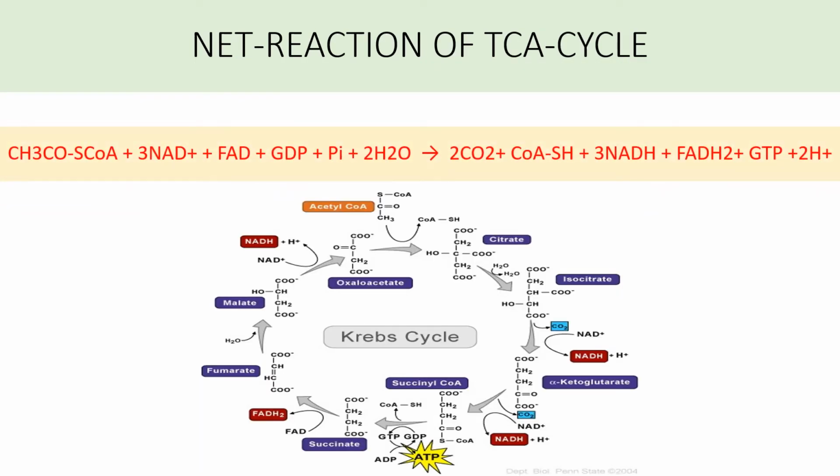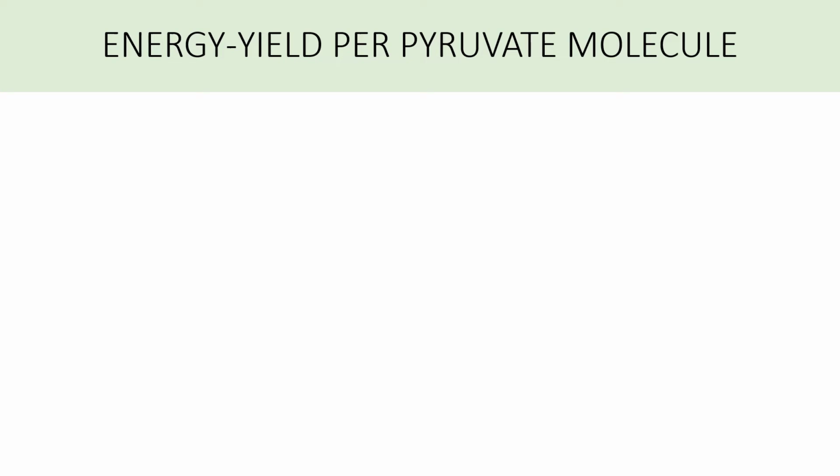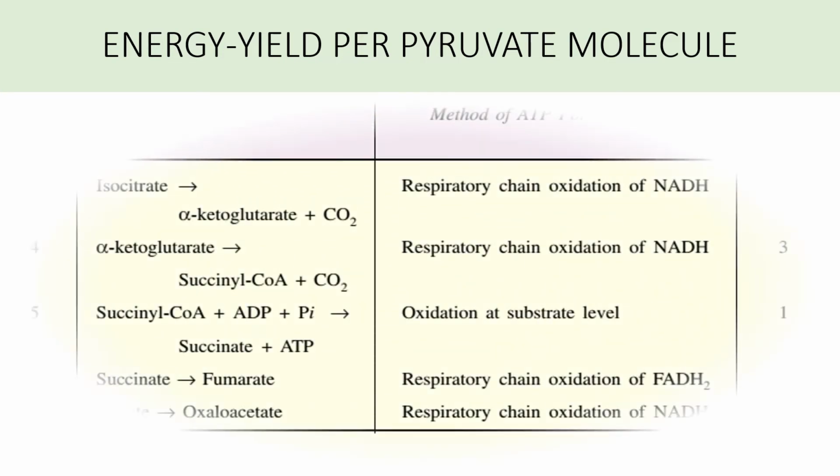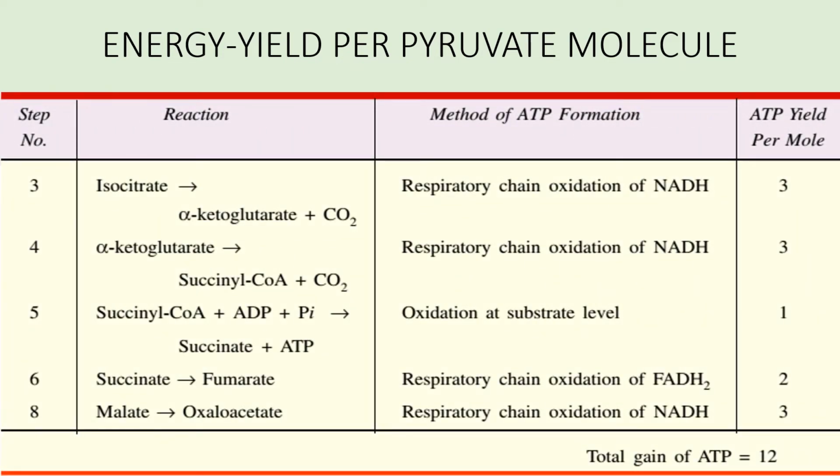The net reaction of the TCA cycle can be written as given on the screen. Energy yield per pyruvate molecule. Energy yield in step number 3, where isocitrate is converted to alpha ketoglutarate and carbon dioxide.